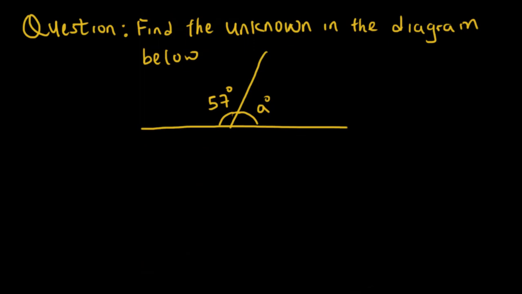Now with this insight, can we solve a couple of questions? So we have this question: find the unknown in the diagram below. Now let's try to solve this. If you look carefully, this is a line, and then we have an arc coming from the line and ending on the line. So it shows that this is angle on a line. And so angle on a line, we know that sums up to 180 degrees.